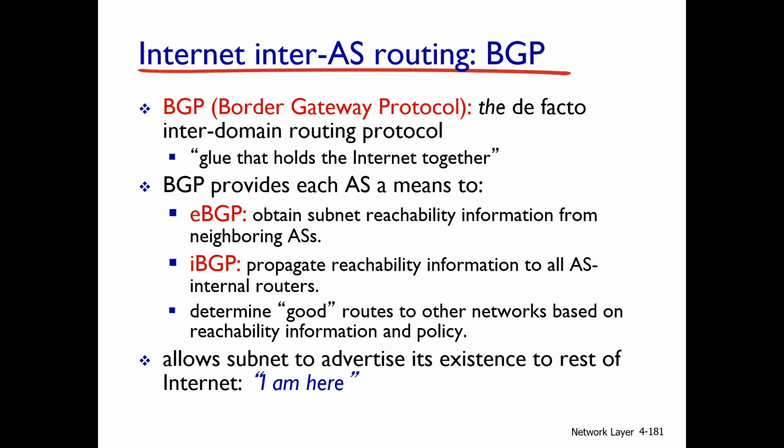You simply find out which autonomous systems you can traverse to reach the ultimate destination, and then you have the policy decision based upon your peering relations, your connectivity relations with these other autonomous systems.